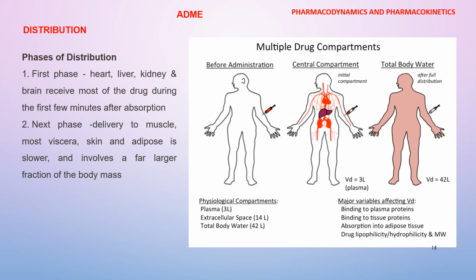The blood flow to organs like heart, liver, brain, and kidney is more compared to the other parts of the body. Hence, these organs receive a larger concentration of drug during the first few minutes after absorption when compared to other parts of the body like the muscles and adipose tissue.